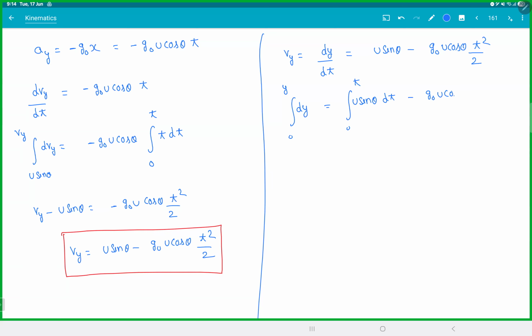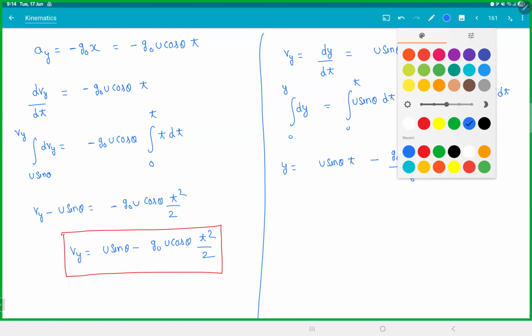Minus g naught u cos theta by 2 integral t square dt, 0 to t. So this will give you y is equal to u sine theta t minus g naught u cos theta t cube by 6. This is your y coordinate as a function of time t.